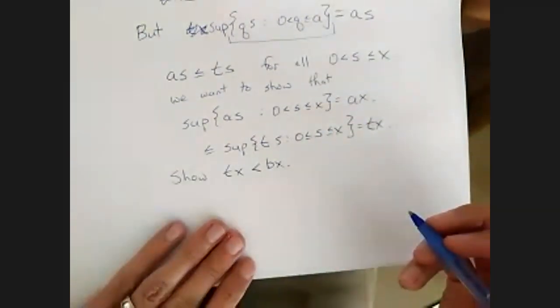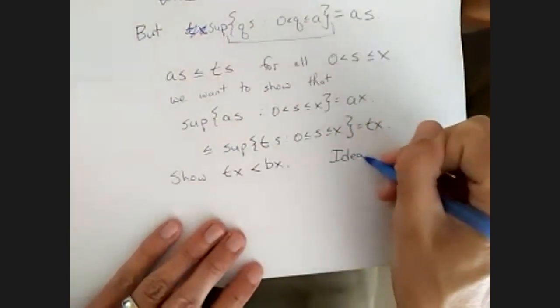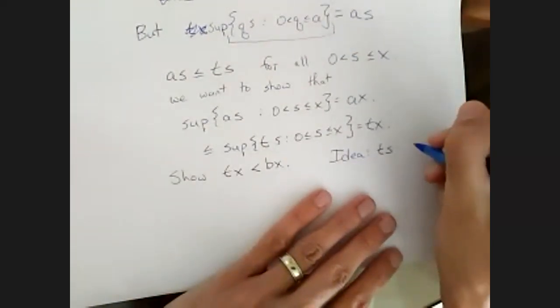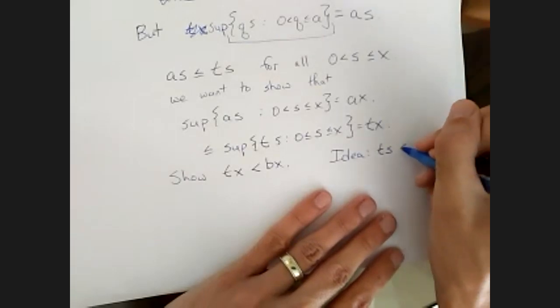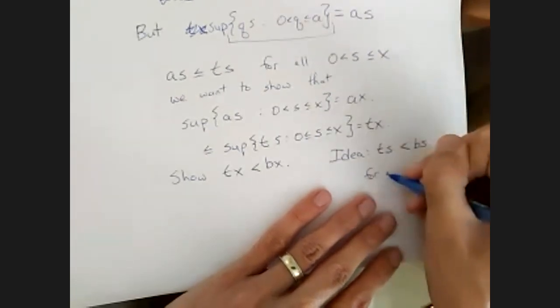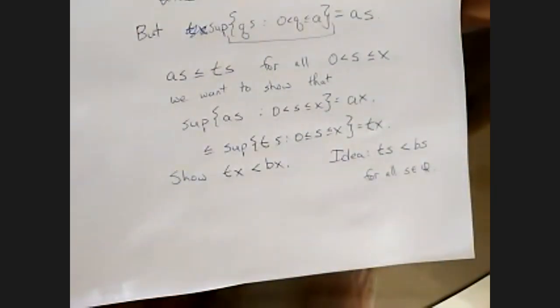Okay, and the idea to do this would be to show that, first, we know that TS is going to be strictly less than BS for all rational S. Our idea would be to show something like that.